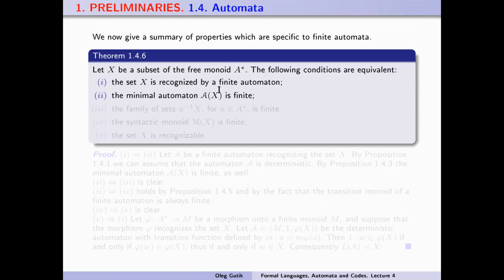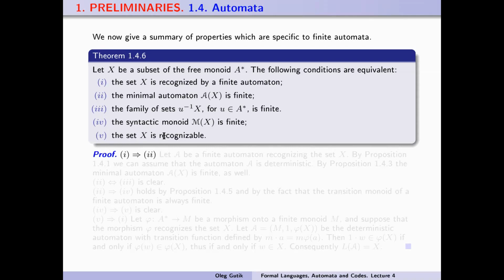The minimal automaton 𝒜(X) is finite. The family of sets u⁻¹X for the words u from our alphabet A is finite. The syntactic monoid M(X) is finite. The set X is recognizable.